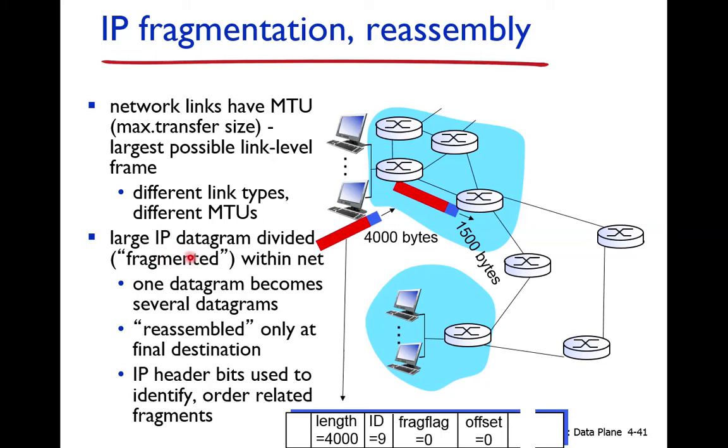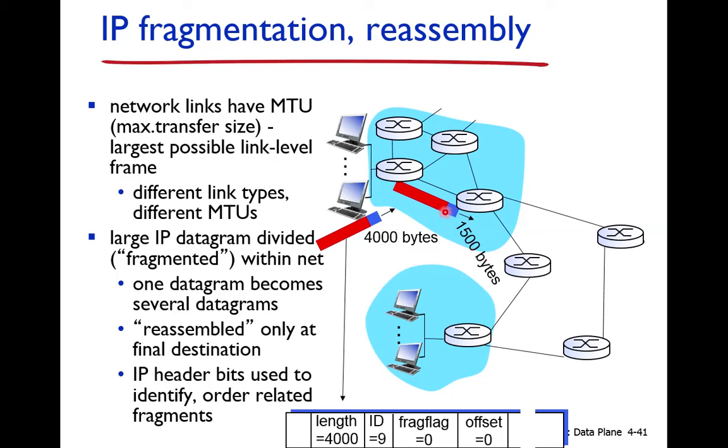So when a large IP datagram arrives within the network, for example a 4000 byte datagram, and this link can send packets up to a maximum size of 1500 bytes, the 4000 bytes cannot be accommodated in 1500 bytes.